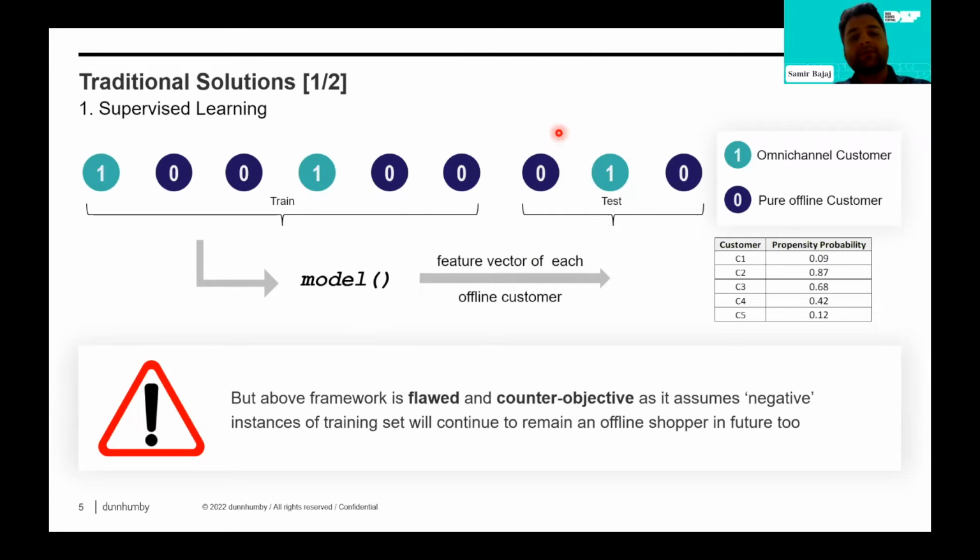So we won't be able to unravel any probability among existing offline shoppers. And this is a bit paradoxical, given that we will be creating a perfect binary classification model. So that is why this approach is flawed and counter-objective.